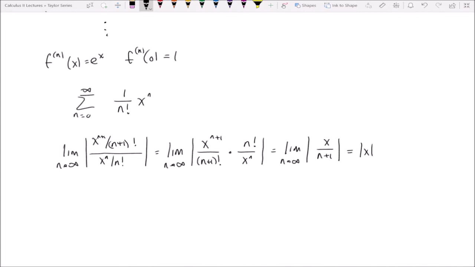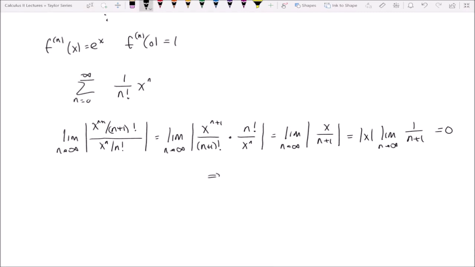That's the absolute value of x times the limit as n goes to infinity of 1 over n plus 1, which is always equal to 0. This means that our interval of convergence is minus infinity to infinity.